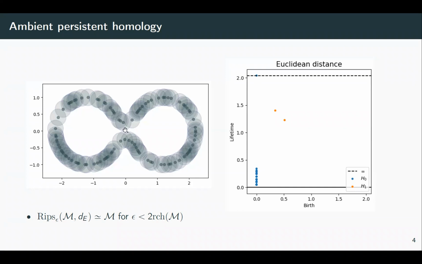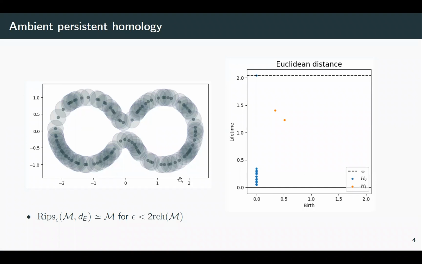At the level of 0.5 of this distance, this new generator appears. The Rips complexes preserve the homotopy type up to an amount that is twice the reach of the manifold. In this case that amount is 0.5, and it depends on the embedding of the manifold. And this is not what we want.